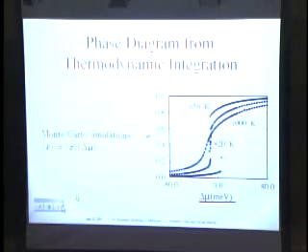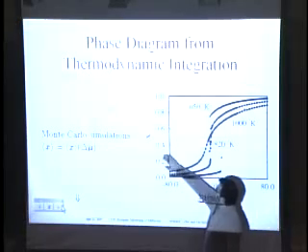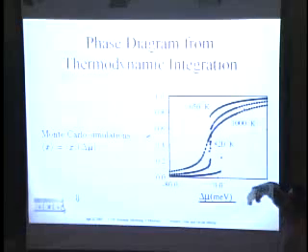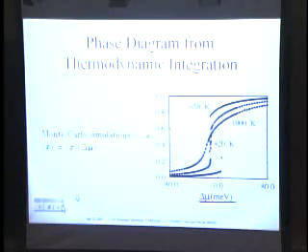So you have it sort of inverted. Your simulations have given you concentration as a function of chemical potential. You invert that and you integrate it, and you get a free energy curve.